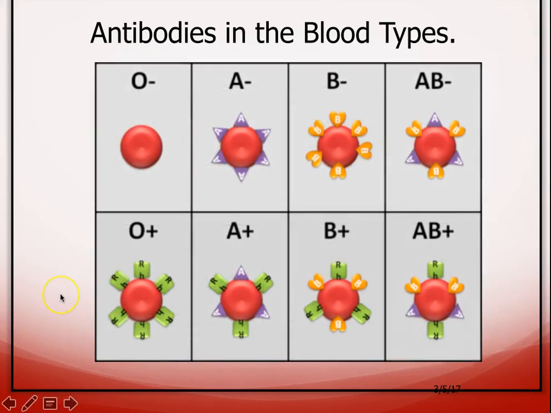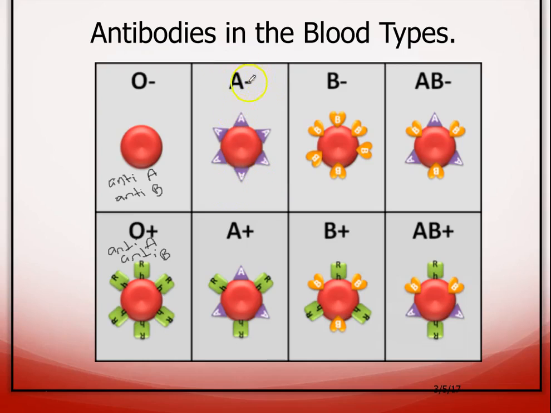Okay. So basically, let's just kind of look at them here, and I'm going to use my pen to draw. So we just said O had anti-A and anti-B, right? And the same is going to be true for the O positive. It's going to have things that are not it, anti-A, anti-B, right?